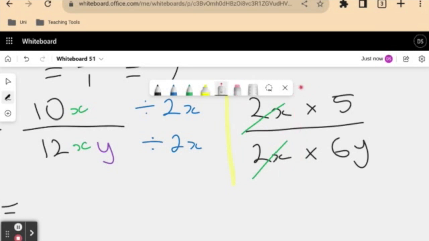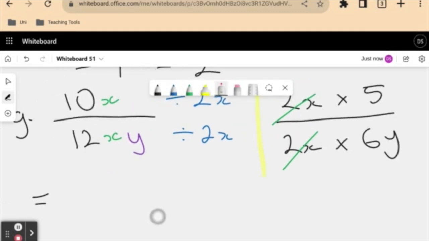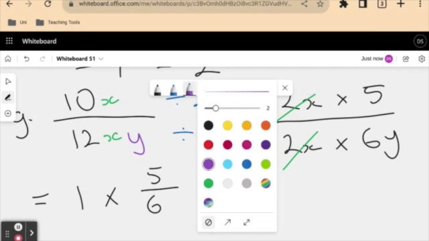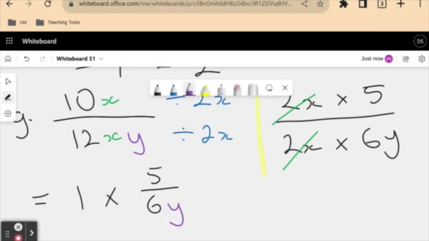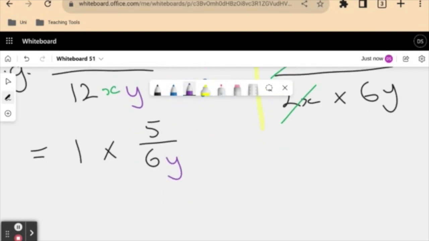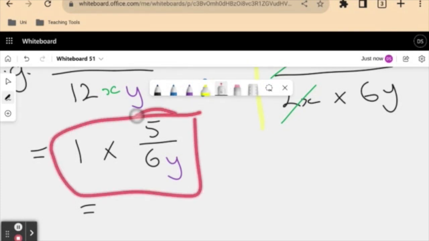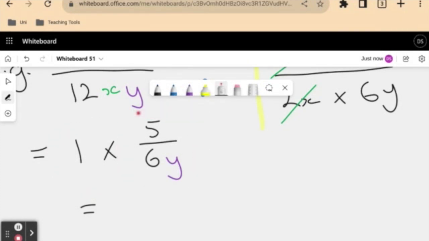Because no matter what the x's are, any number divided by the same number just gives us 1. So in essence, we're saying 1 lot of 5 over 6. Staying true to my color coding, my y will be purple here. So we've simplified this. And because 1 just multiplies by this number, that's just going to be this number, right? So we'll get 5 over 6y.